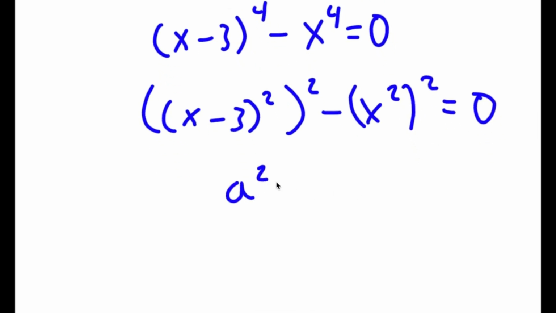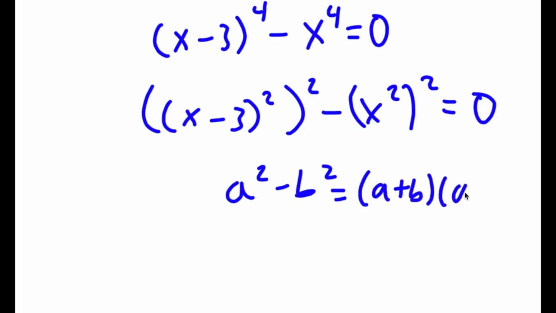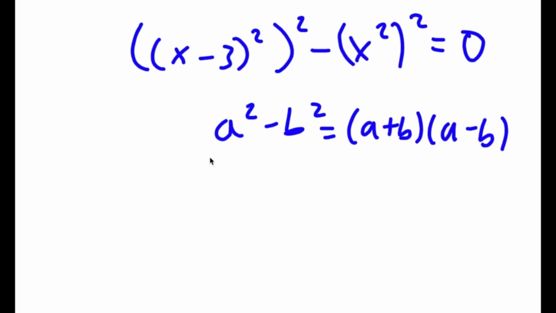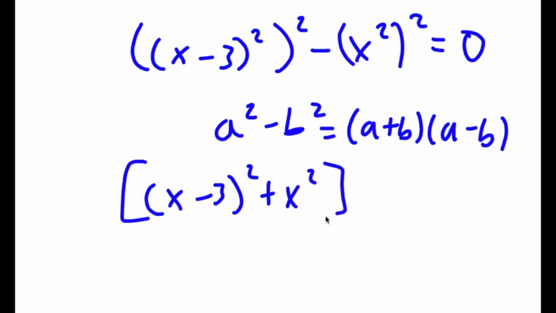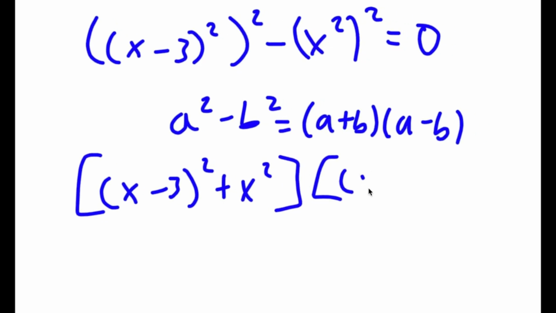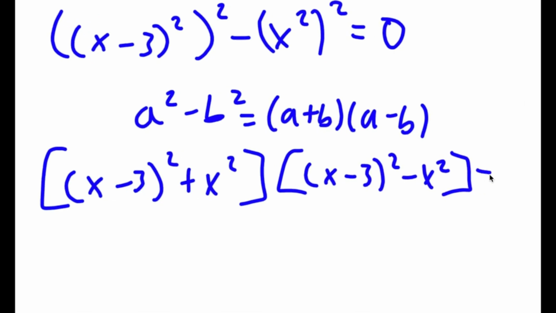And if I have something in the form a² − b², this is equal to (a + b) times (a − b). So this is going to equal ((x − 3)² + x²) times ((x − 3)² − x²) is equal to 0.